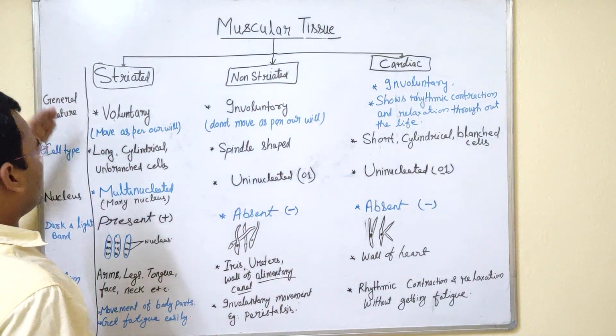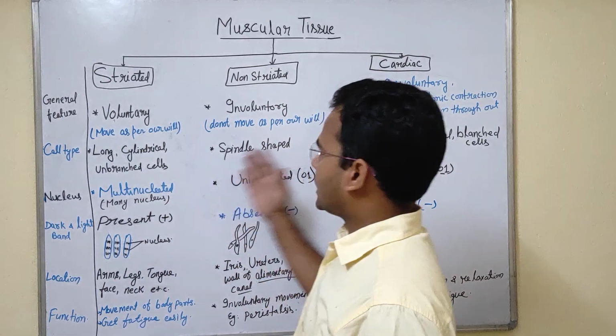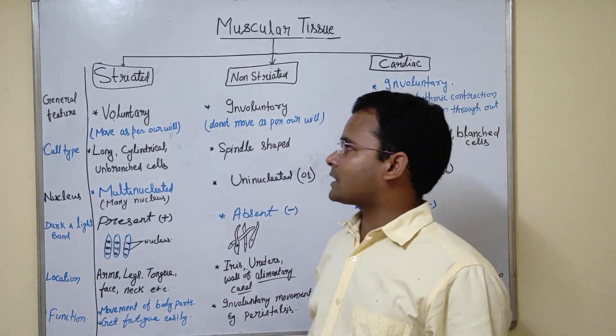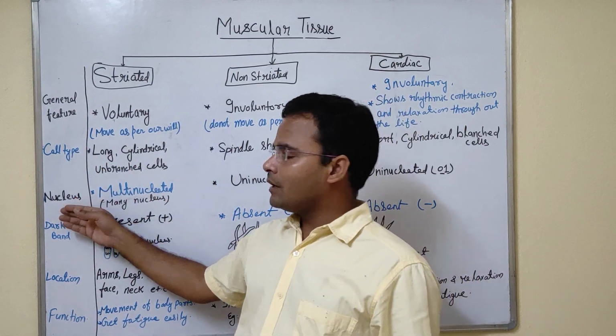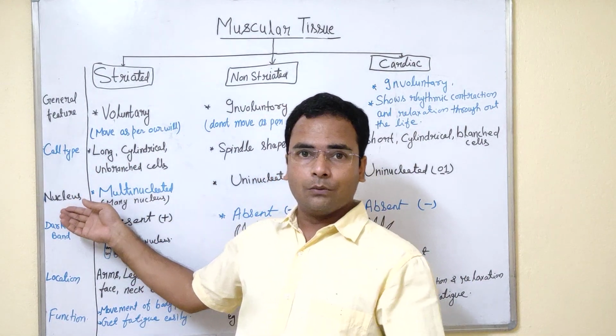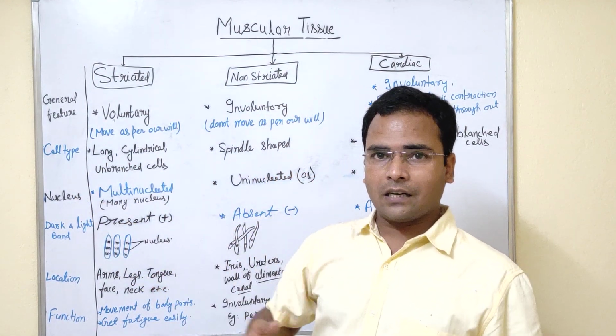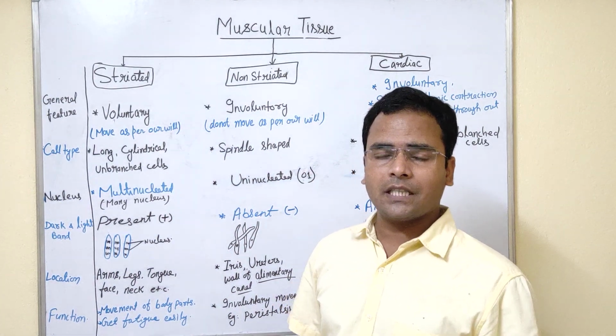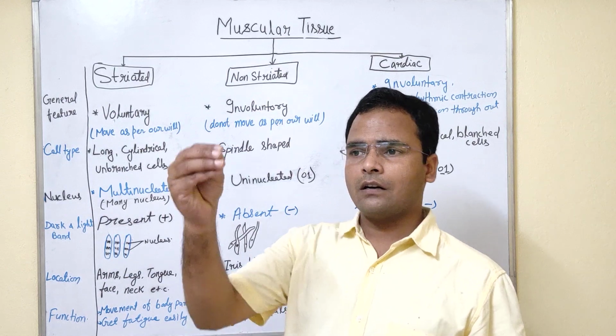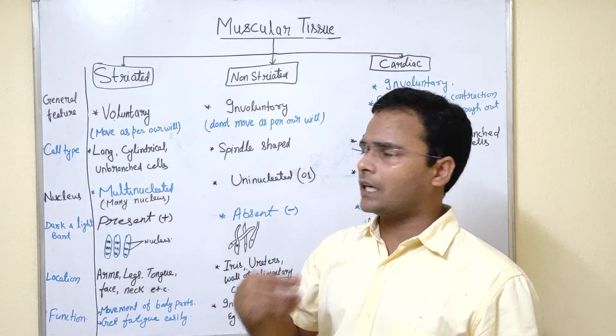So we will compare all three types on the following parameters: what general features they have, what type of cells are there, and what type of nucleus is there. In the last lesson we studied that their position is different in the different kinds of tissue.